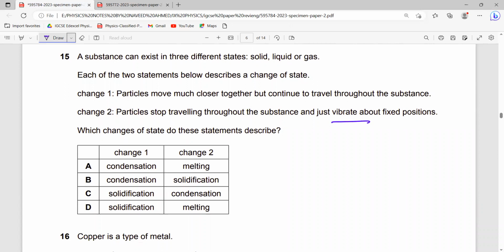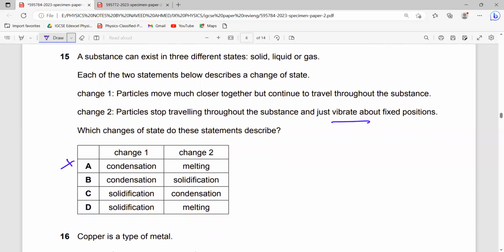Here we can see which changes of state do these statements describe. Change of state one, change of state two: condensation, melting. Condensation will occur only in liquids, it's not possible in gases. Condensation and solidification, yes, possible.